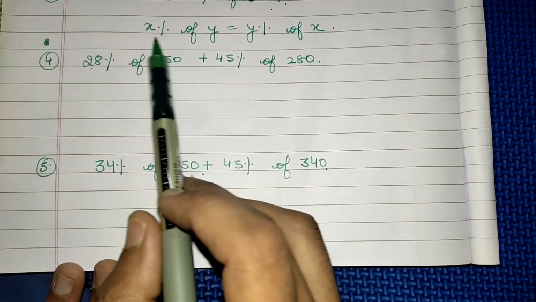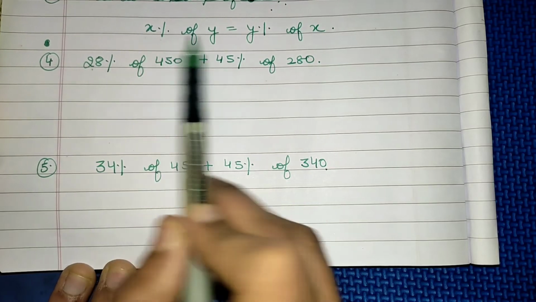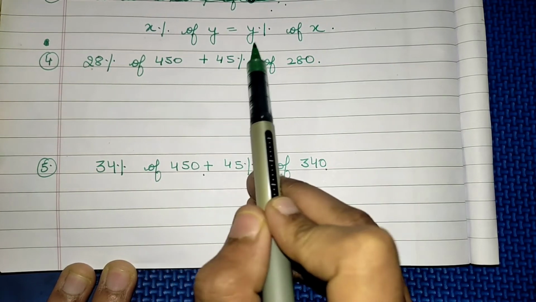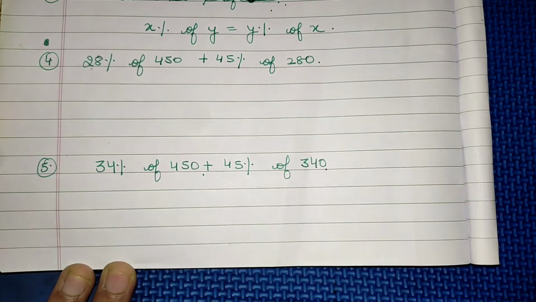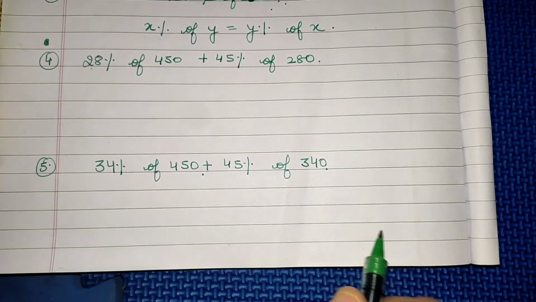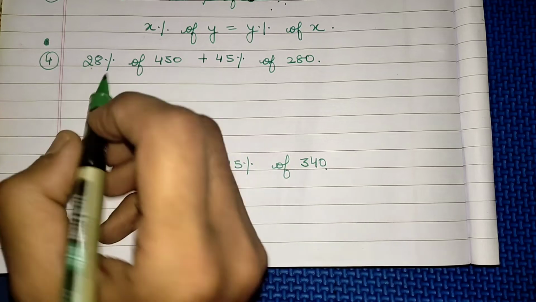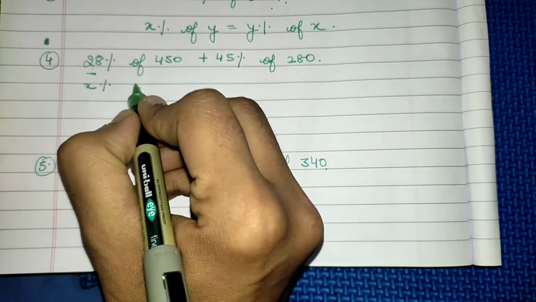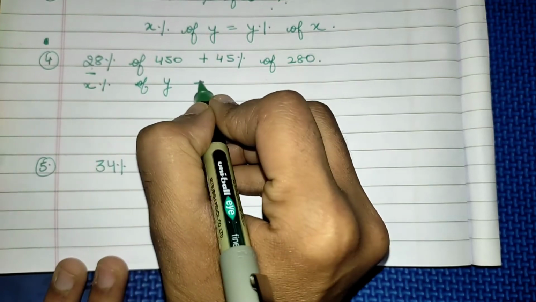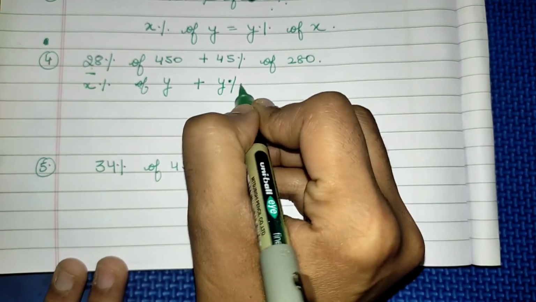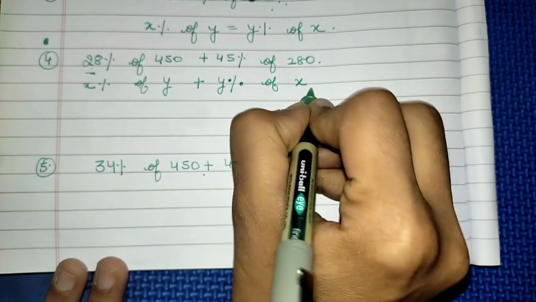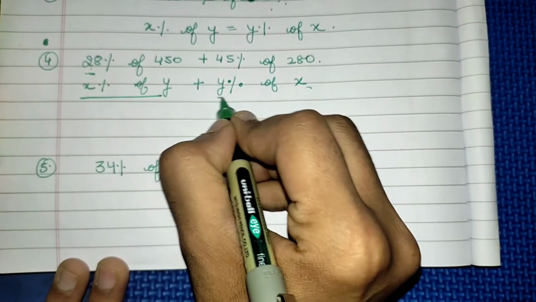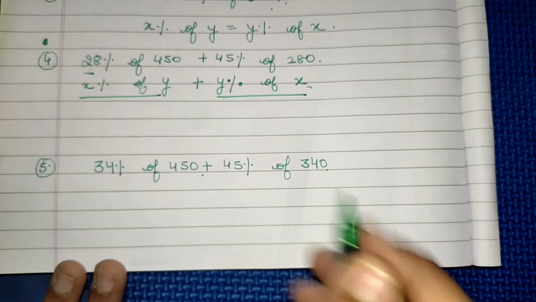Okay, the rule while calculating the percentage is that x% of y is always equal to y% of x, right? So the answer of this value will be equal to the answer of this value.